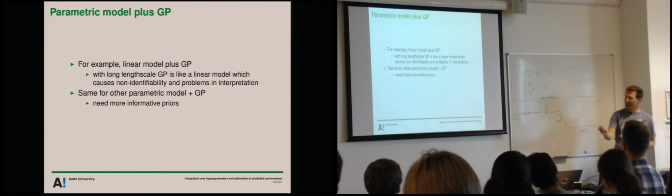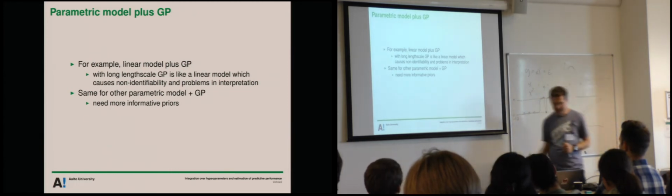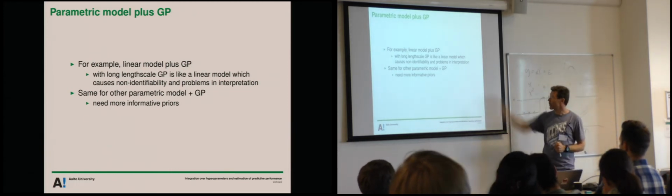But you can't learn those if you have an identifiability issue, that is, which part you're learning with the GP and which with the parametric model. And there are several papers on that.